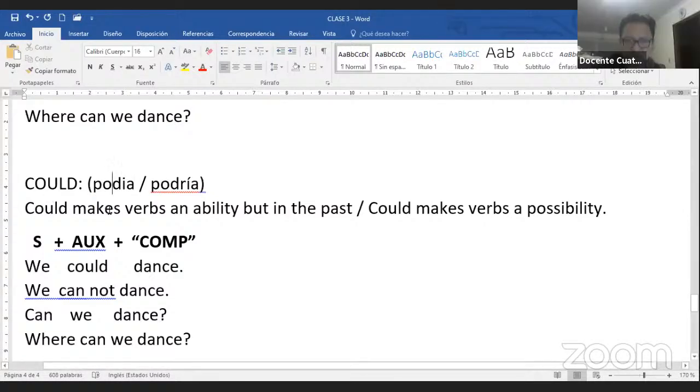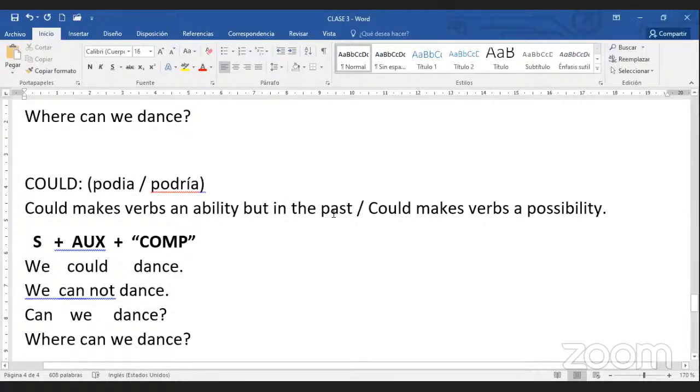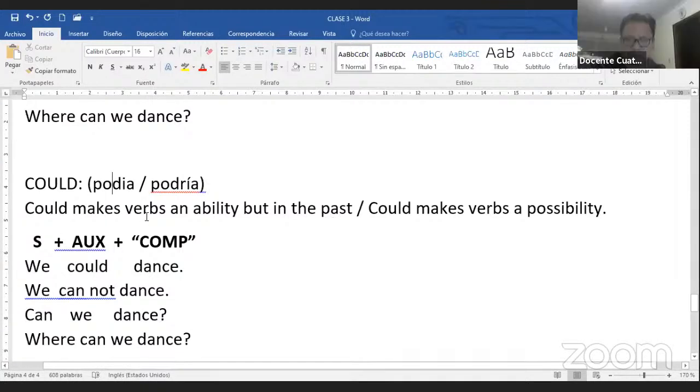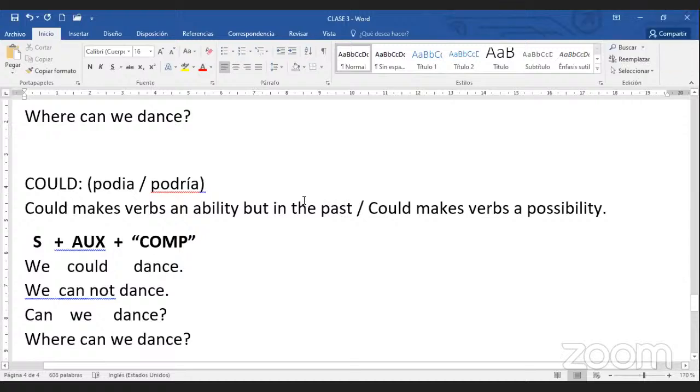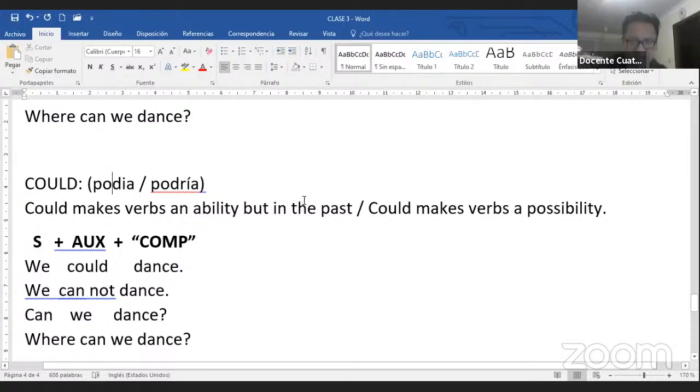Wait. No. Could makes verbs an ability, but in the past. The word in Spanish for that is podía. It's not the translation of could, but you understand could as podía.